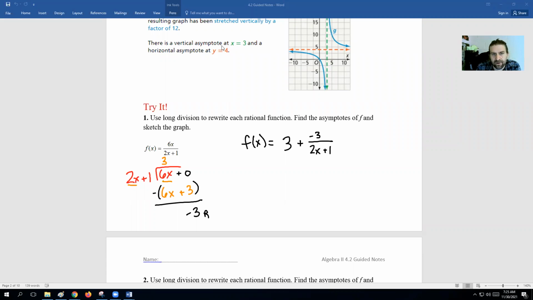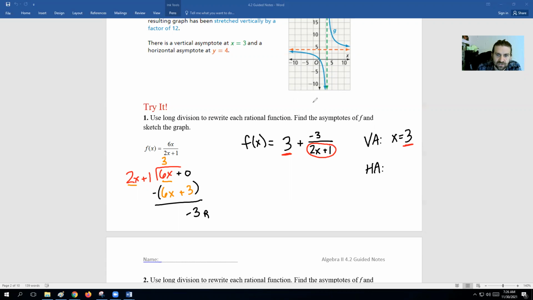Okay, so let's talk about our vertical and horizontal asymptotes. Our vertical asymptote and our horizontal asymptote are found by our h and k. If you look at our example, you can see that plus 3 was the number on the outside, so that's going to be our vertical asymptote, x equals 3, which we found by this number here. Our horizontal asymptote is going to be found here.